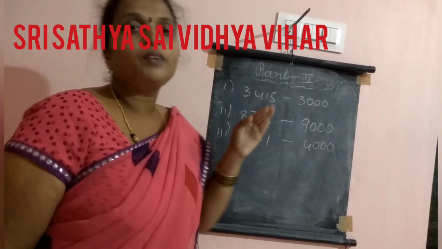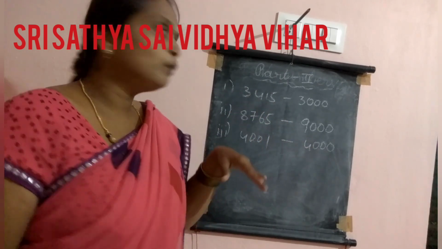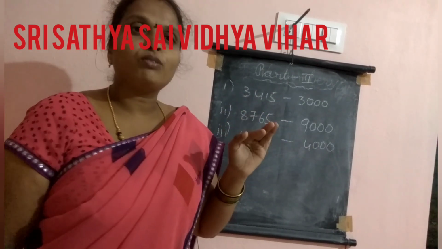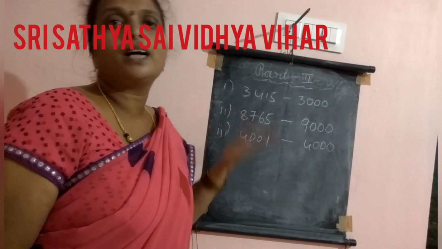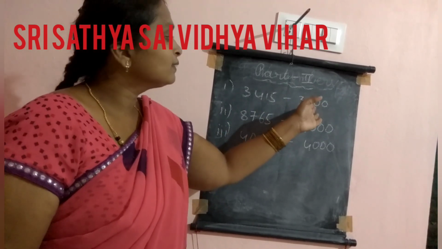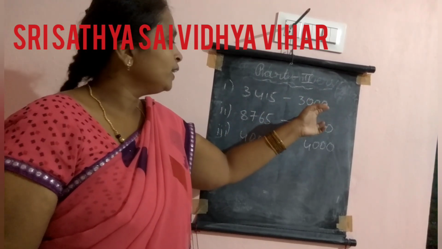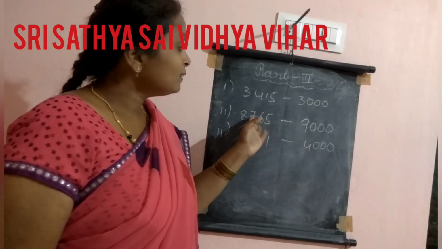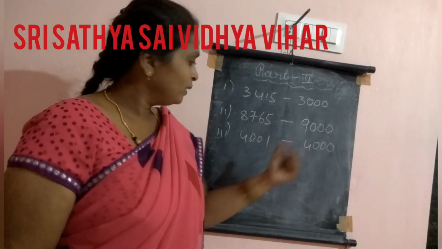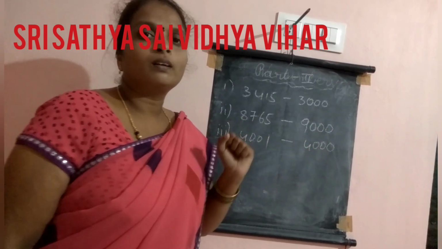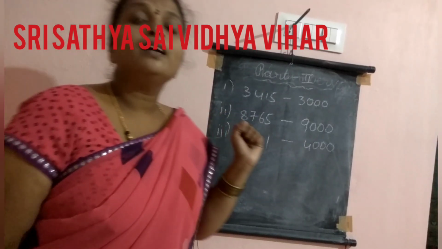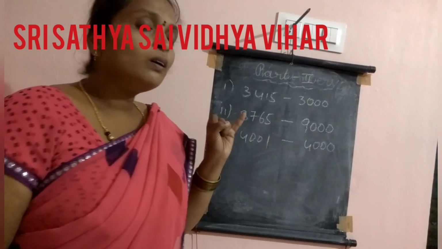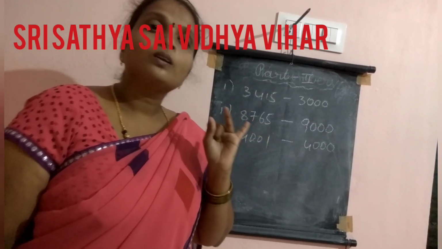Because to reach 3500 you would have to add 85 more, so it is nearer to 3000. And 8765 is nearest to 9000, and 4001 is nearest to 4000. This is called rounding of numbers to tens, hundreds and thousands.